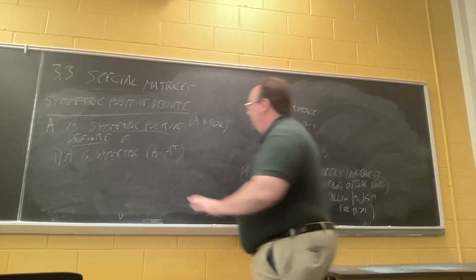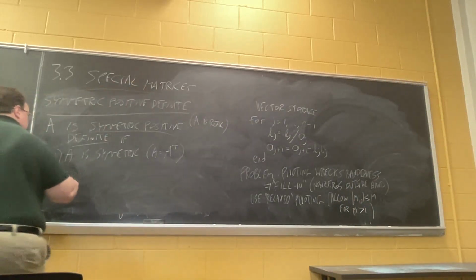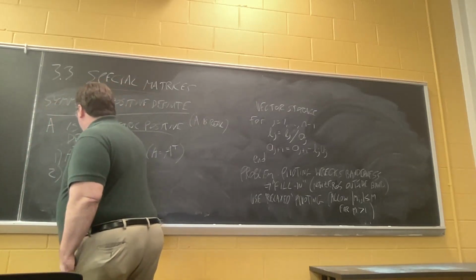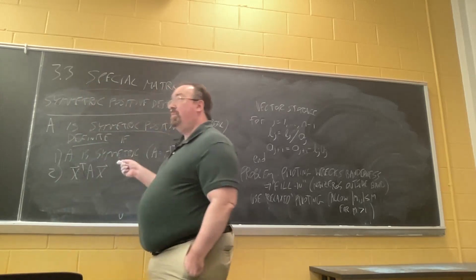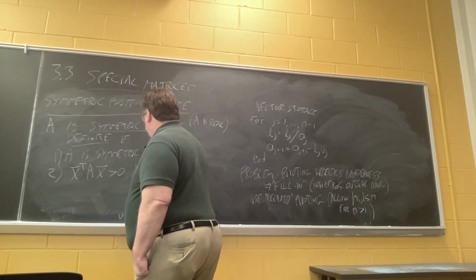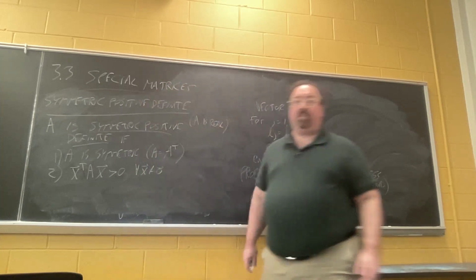So that's all I'm going to say about complex. So first it has to be symmetric. And what makes it positive definite on top of being symmetric is this quantity, x transpose A x, which is just a number, has to be strictly positive for any non-zero vector x.